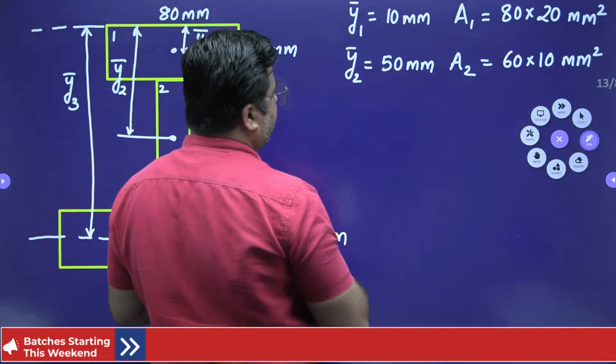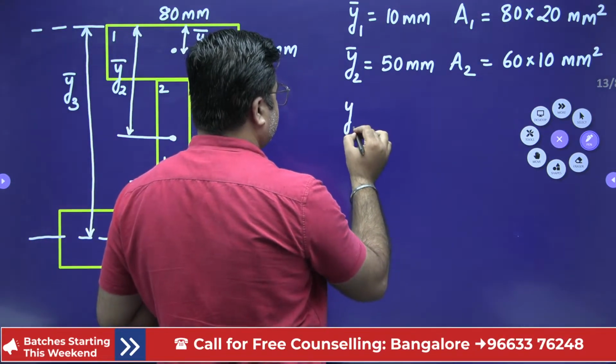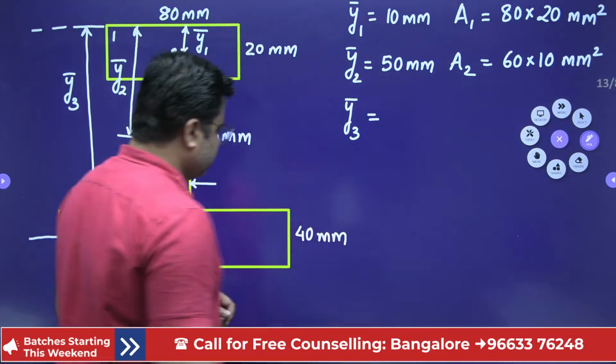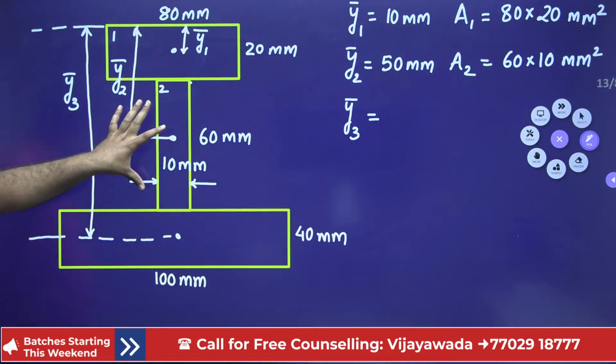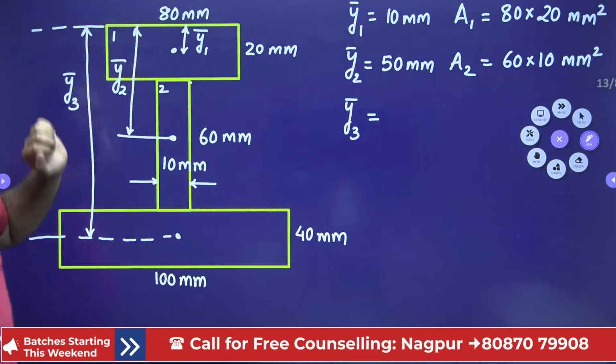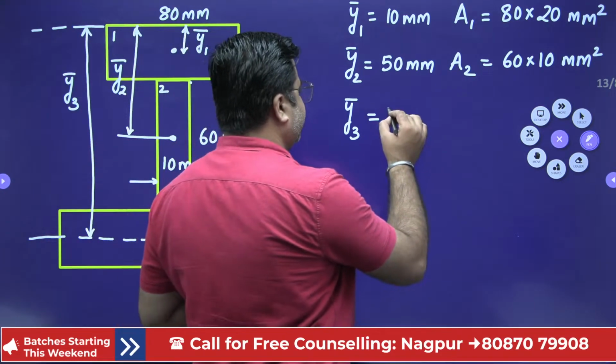So y3 bar is 20 plus 60, 80, 80 plus 20, 100. So y3 bar is 100 mm.